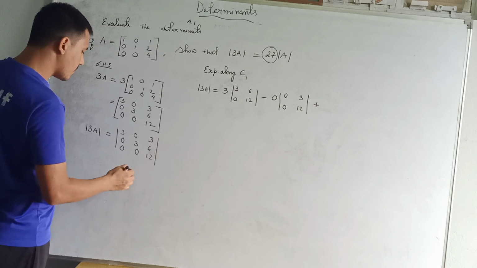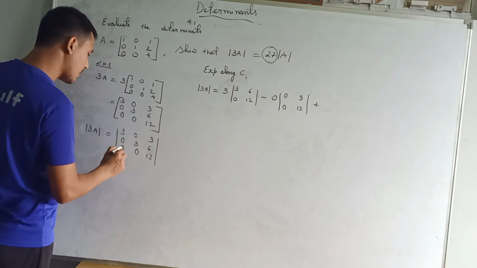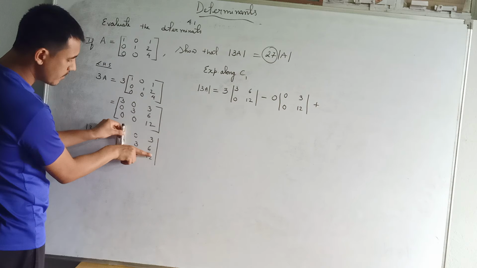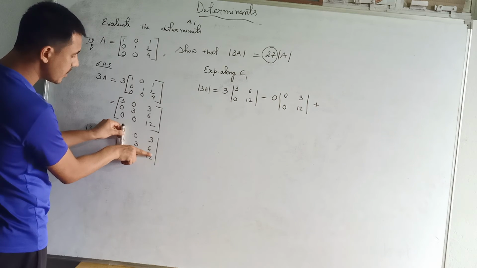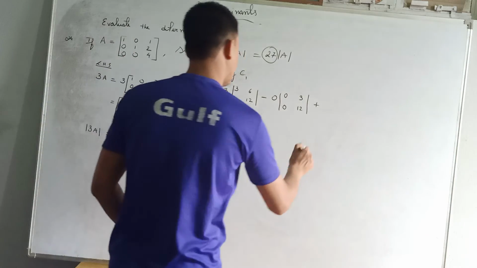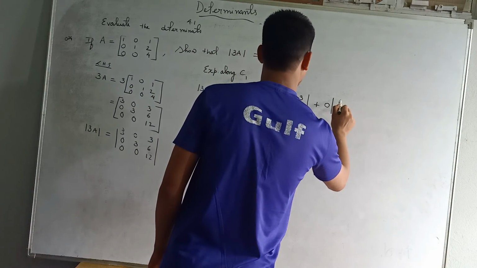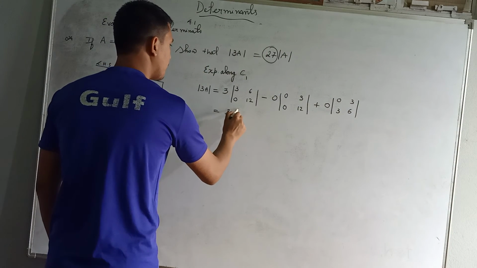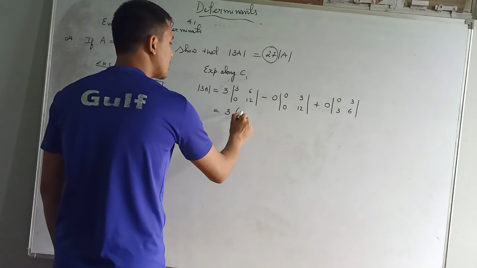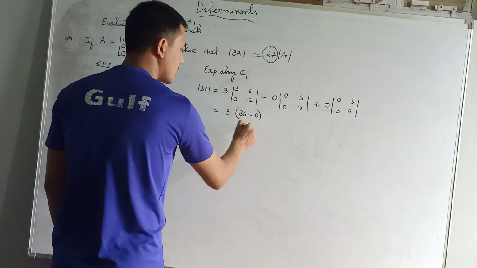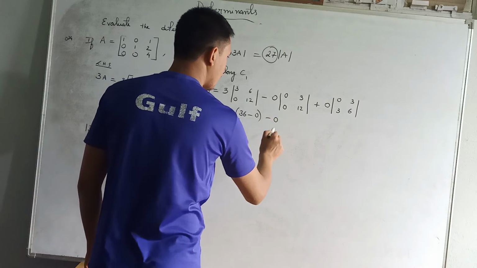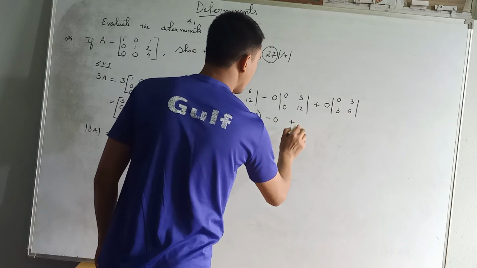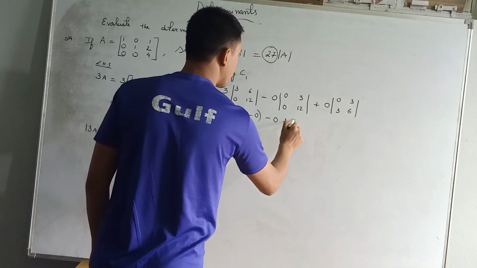This 0 belongs to the first column and the third row. So leaving out the first column and the third row, we will write the determinant of the remaining values: 0, 3, 3, 6. So this is equal to 3 times, 3 times 12 is 36, minus 0, minus 0. 0 multiplied with any determinant will be 0.